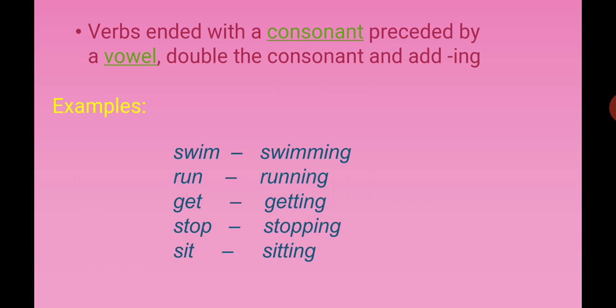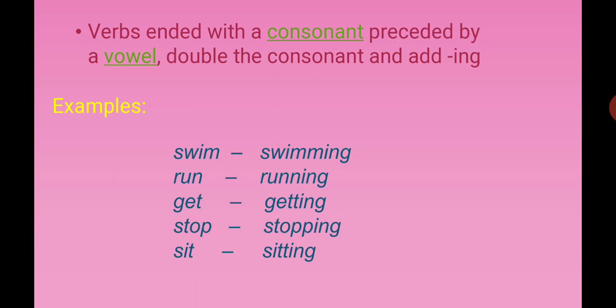Swim. What is the spelling of swim? S-W-I-M. The verb ends in M, and before M there is the vowel I. Right? So what will we do? We will write M twice, and then add ing.